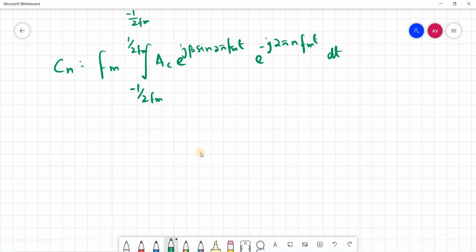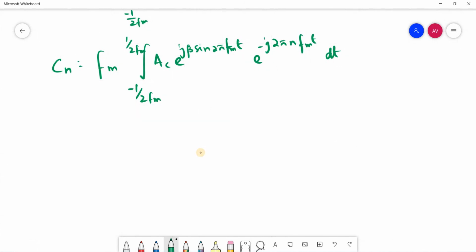Now further, I can rearrange it. AC is a constant, so we can take it out, and write AC into Fm times integral minus 1 by 2 Fm to 1 by 2 Fm.